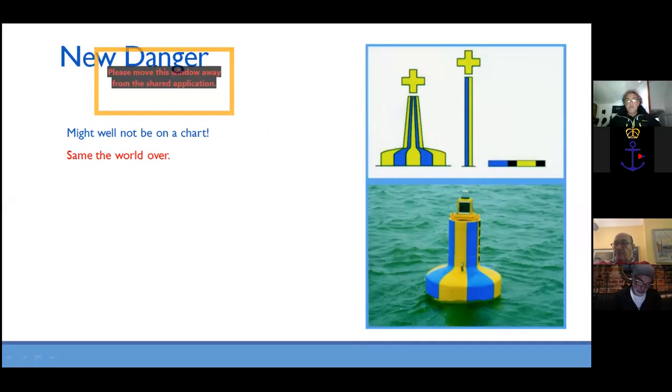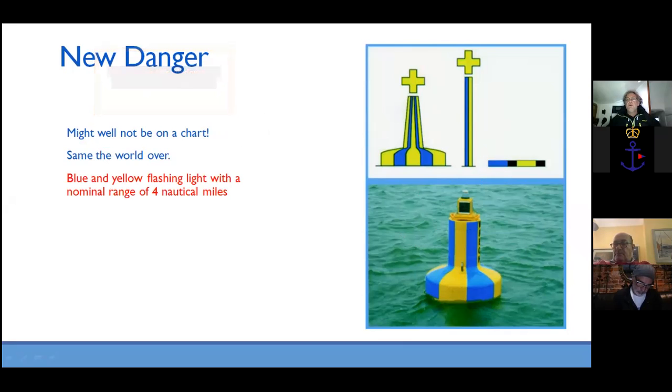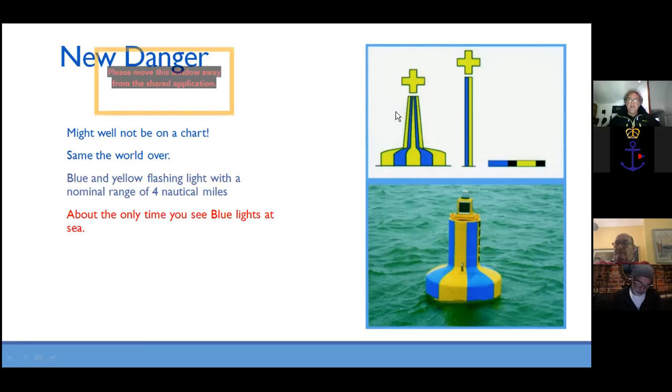They are the same the world over again. And they pretty much flash blue, yellow, blue, yellow. And it's pretty much the only time of any lights at sea you will see blue. Even the police are asked not to have blue lights at sea because new dangers need to be seen by navigators because you don't know they're there. They're absolutely new to the environment.